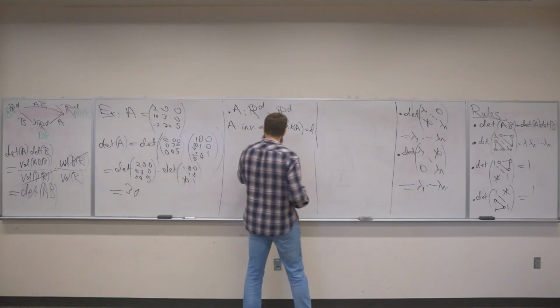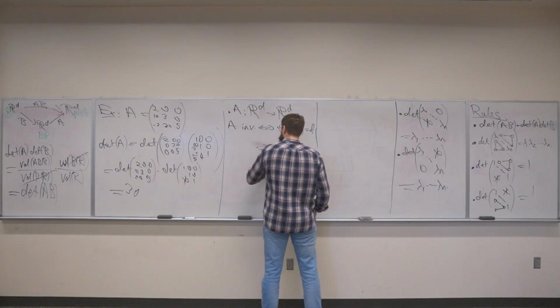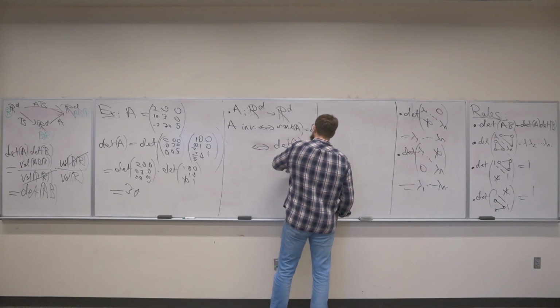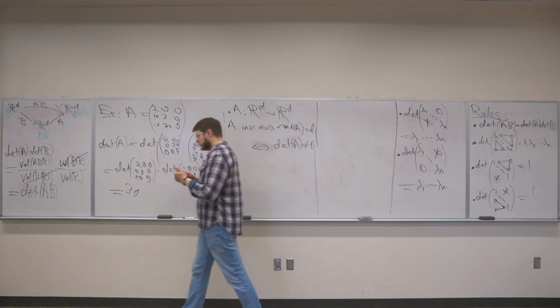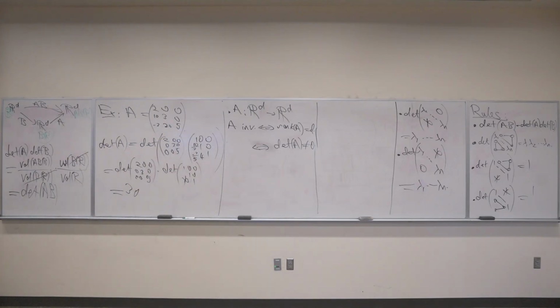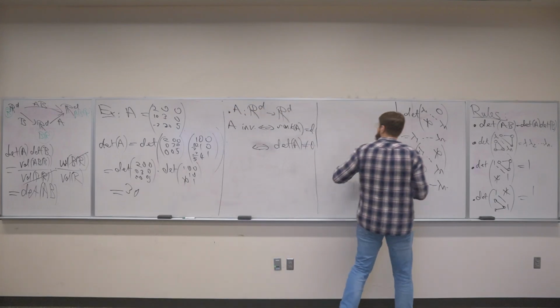Meaning, A is invertible if and only if its determinant is non-zero. Okay. Does this match with what we already know? Well, for instance, if you were to take a diagonal, okay? 1, 1, 0 on the diagonals.